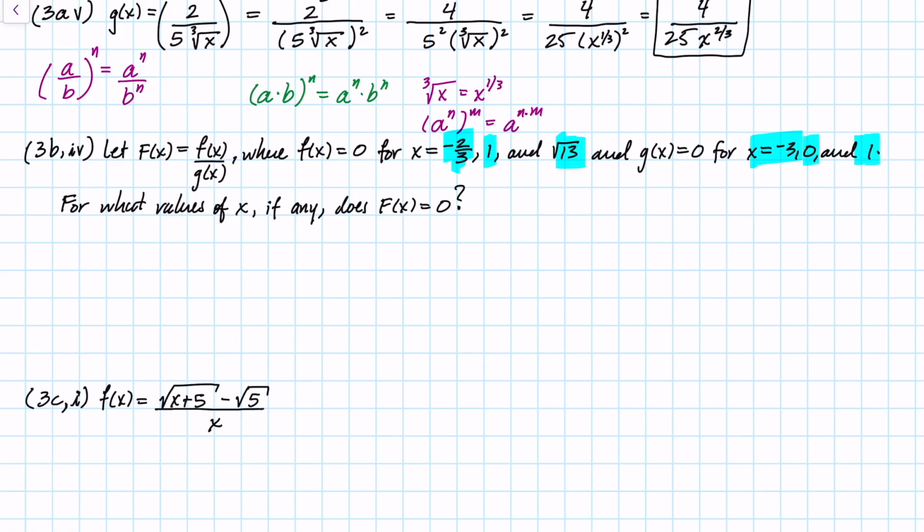So we have some information here, and now we have to find for what values of x, if any, the big function F of x is equal to 0. Let me write it maybe like this, so this is going to be the solution. We want to have F of x, which is equal to f of x divided by g of x, to be equal to 0.